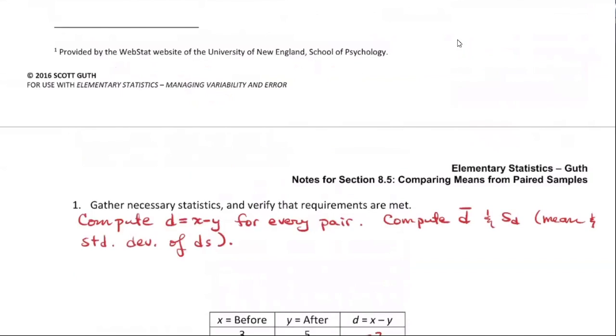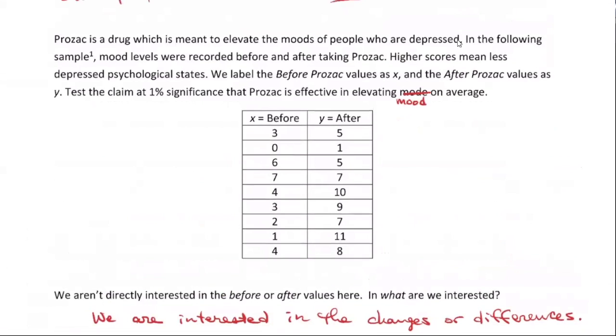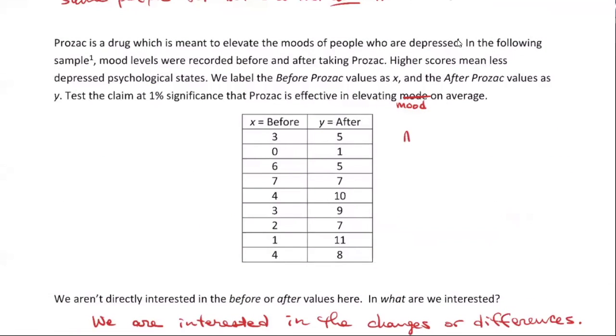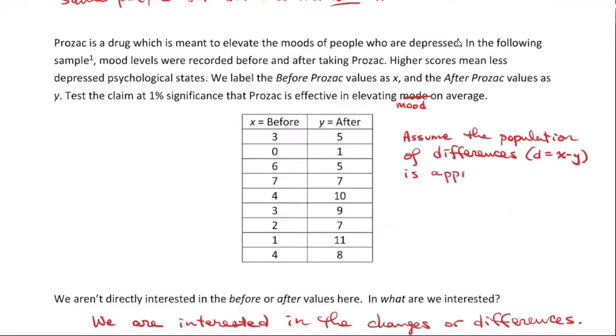So I'm going to go back here and say, right next to the problem, let's assume the population of differences D, which is x minus y, is approximately normal. Okay, and that's a requirement if your sample sizes are less than 30. So any questions here?